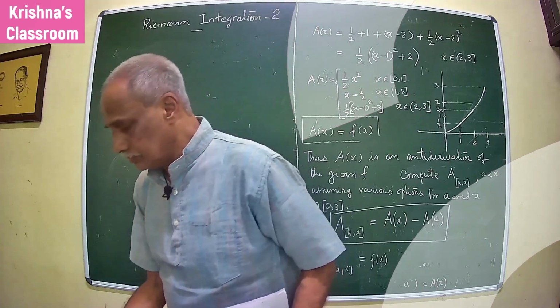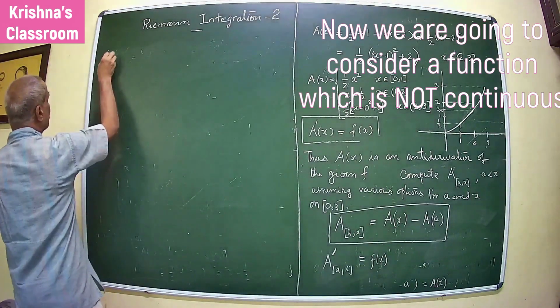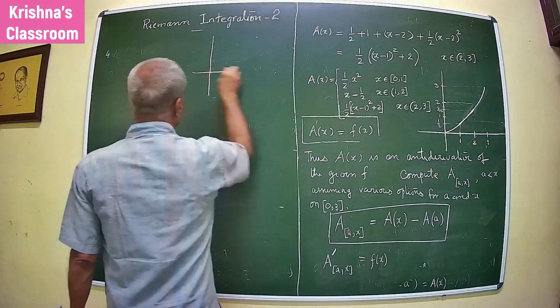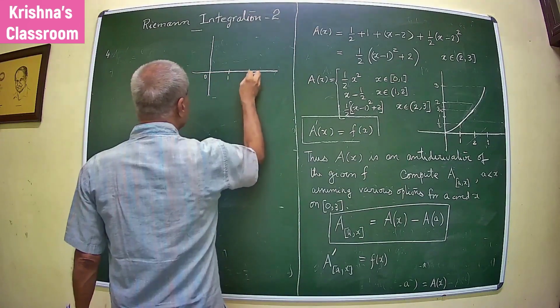Now we are going to break that law. So we take this over 1, a very simple step function that we use, again on the interval 0 to 3.